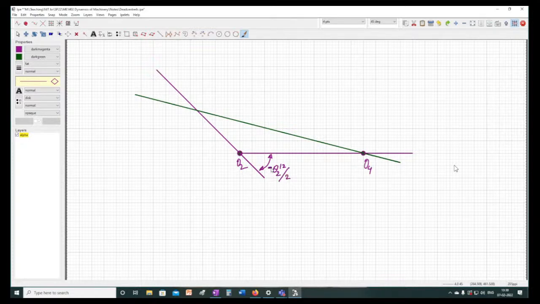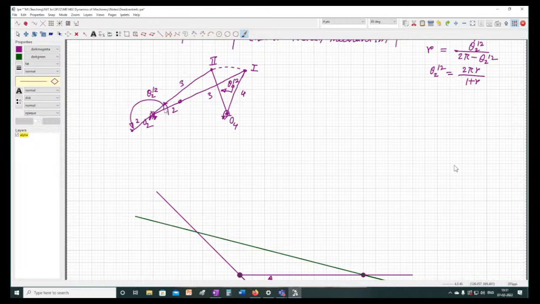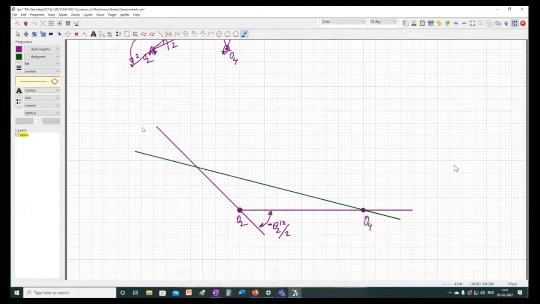We can call it negative of that. Why negative? Just consider this line. Initially when this angle is 0, the line was here. Now we have rotated the line in the clockwise direction, and in this case the crank is rotating in the anti-clockwise direction, so the measurement of the angle is just opposite to that, and we have drawn this angle as theta 2 1 2 by 2.